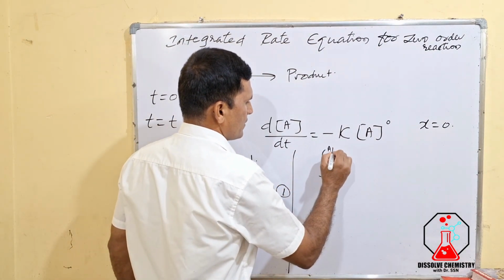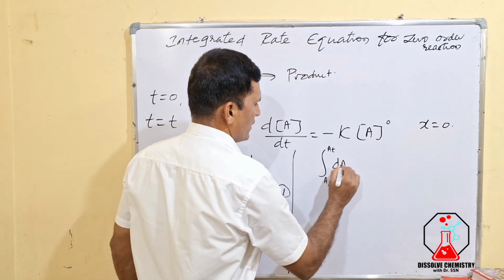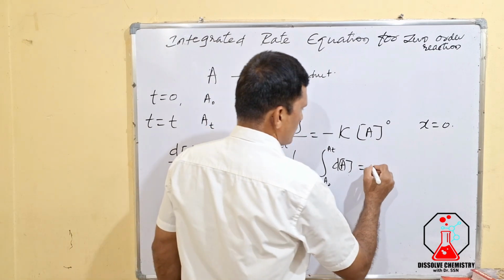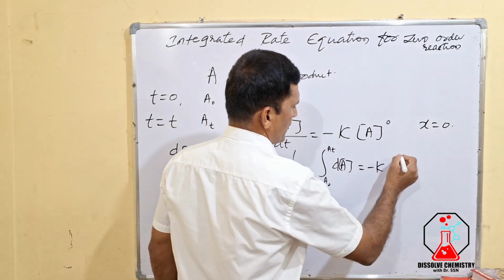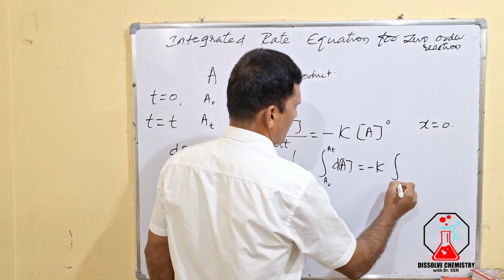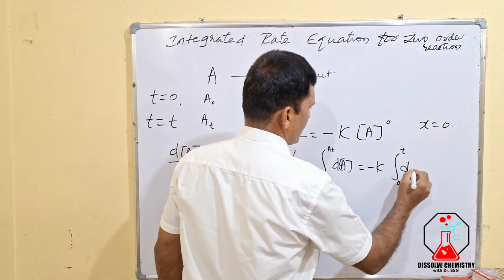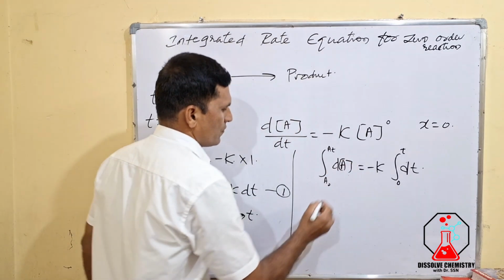Therefore, the integral from A0 to At of dA is equal to minus k, which is a constant so you take it out, times the integral from t equal to 0 to t of dt.